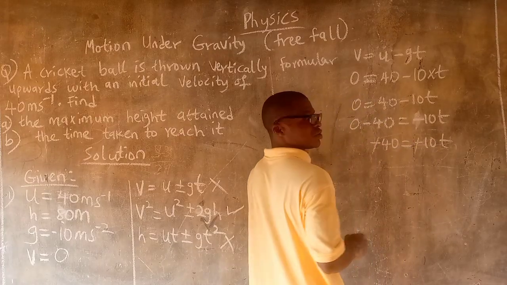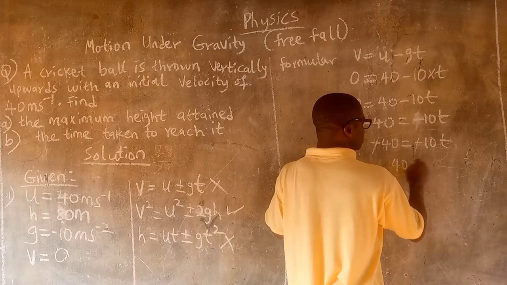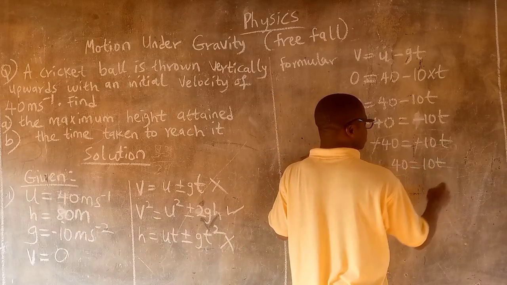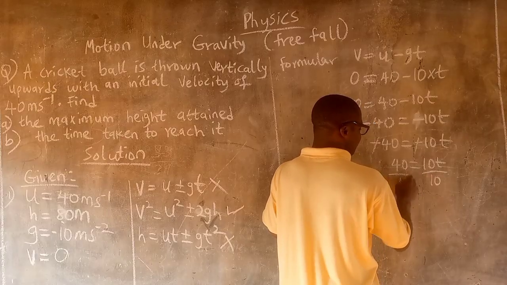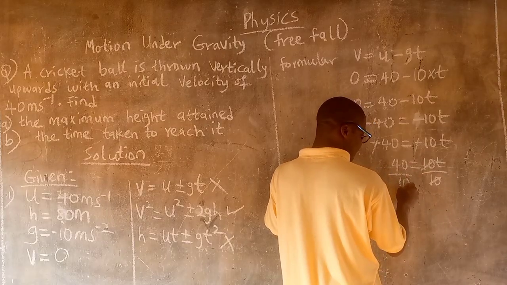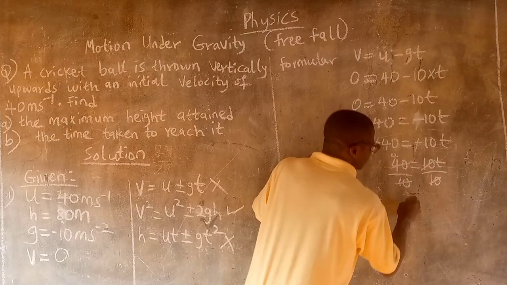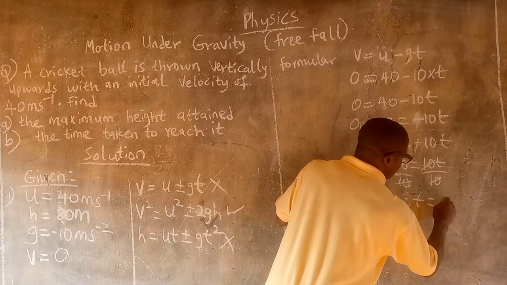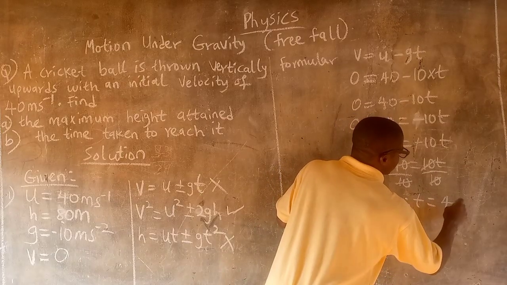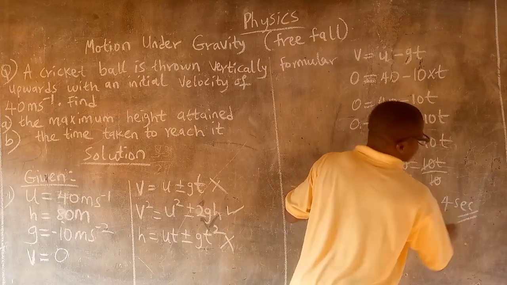Negative sign cancels negative sign. 40 equals 10t. For time to be alone, divide both sides by 10. Therefore, time equals 4 seconds.